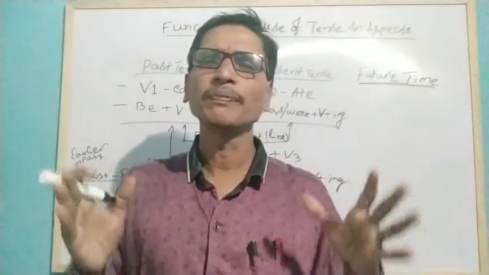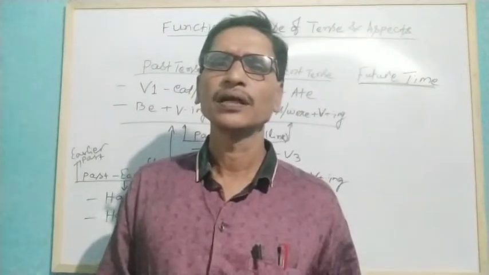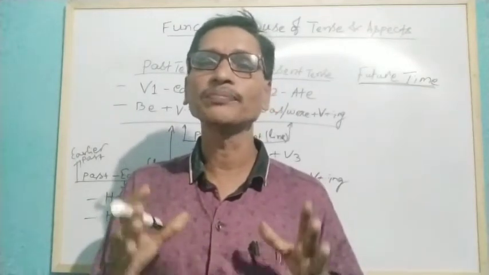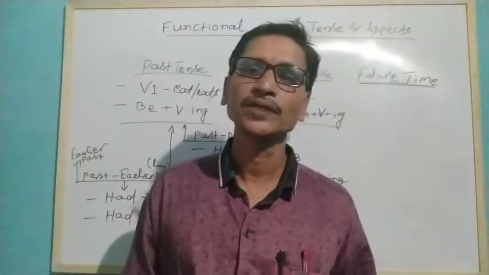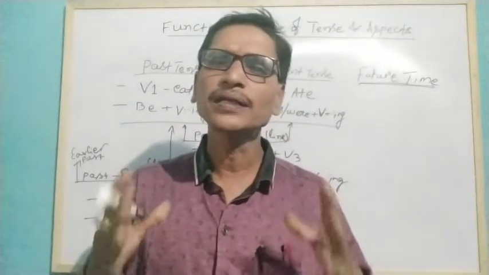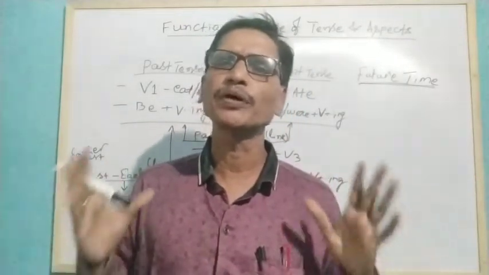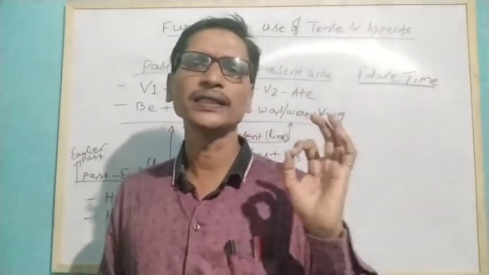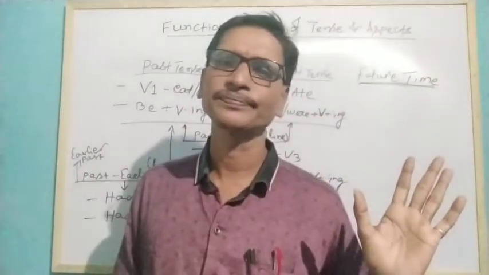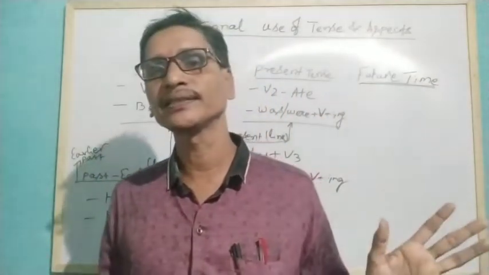We also discussed the forms of verbs, and we understood why the forms of a verb change. They change for two causes: one is time change and another is action change.